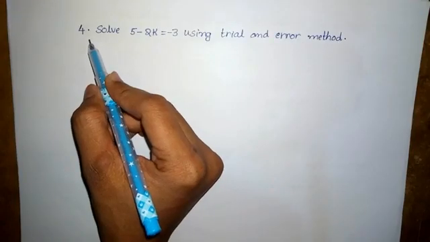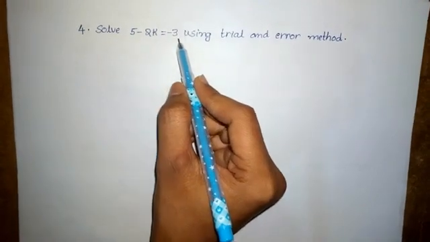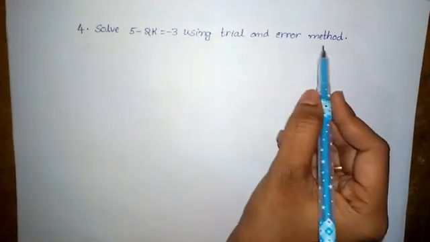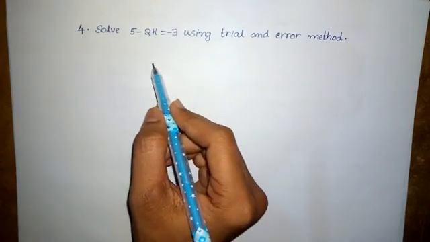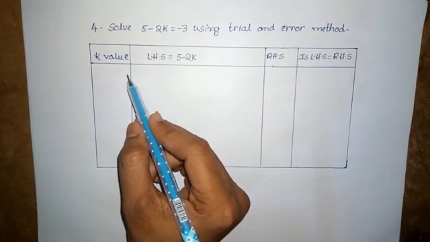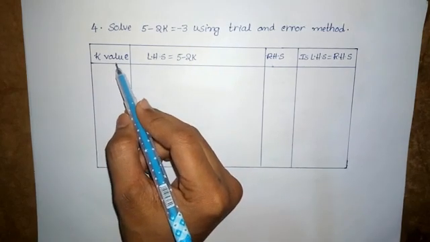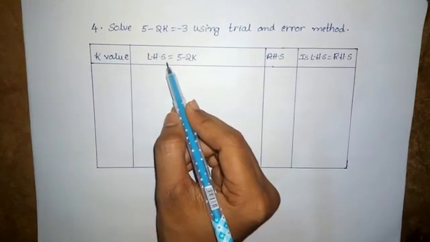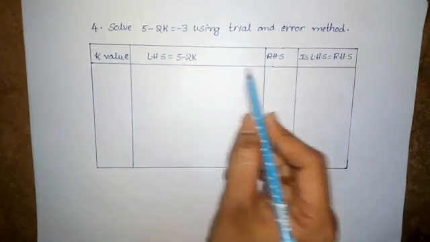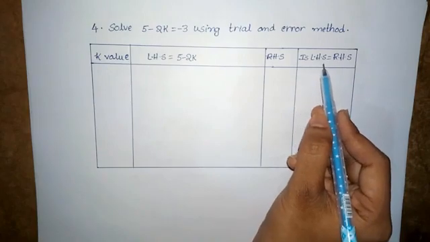Next problem, fourth Roman. Solve 5 minus 2k is equal to minus 3 using the trial and error method. So first draw a table. This table consists of 4 columns. First one is the k value, second one is LHS, equal to 5 minus 2k, third one is RHS, fourth column is LHS equal to RHS.